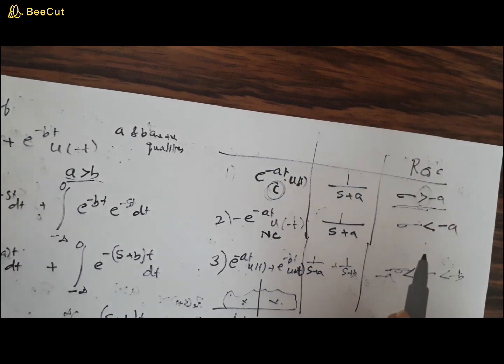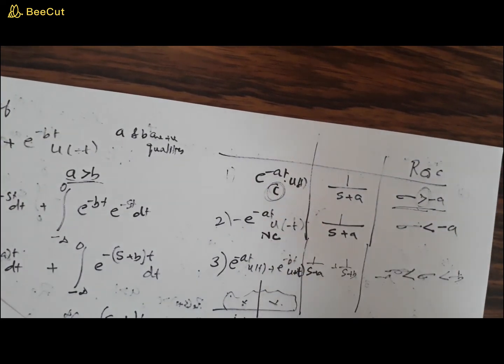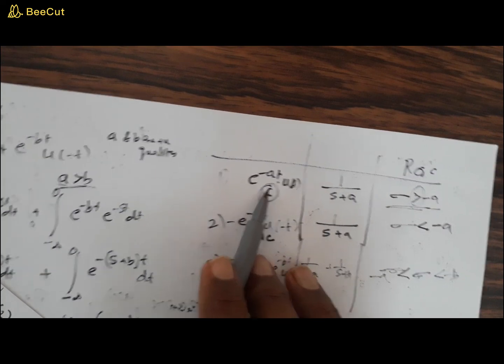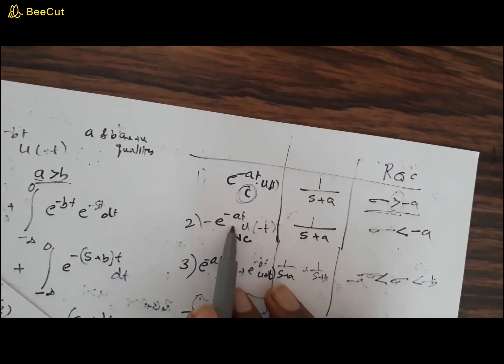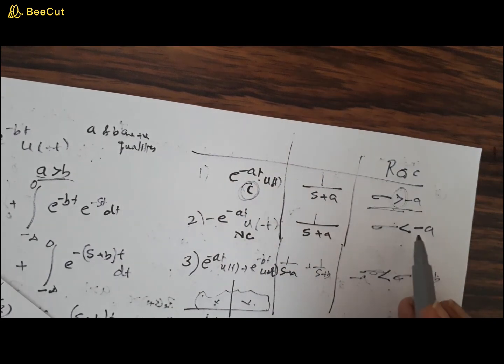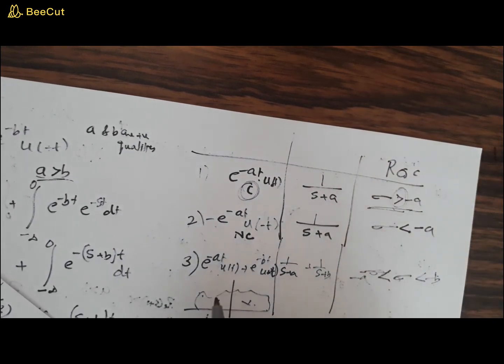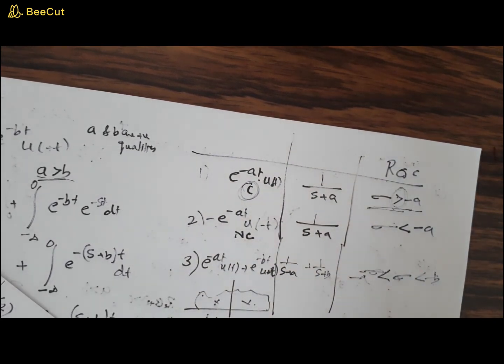Now, you may try any examples, whatever may be the causal signal will have an ROC greater than a particular value. A purely non-causal signal will have an ROC less than a particular value, and a double-sided signal will have a region in between two values.